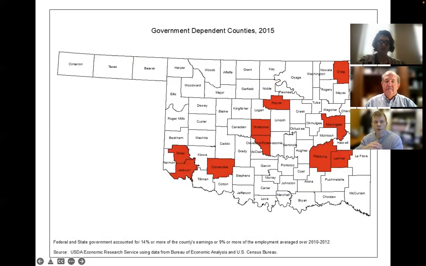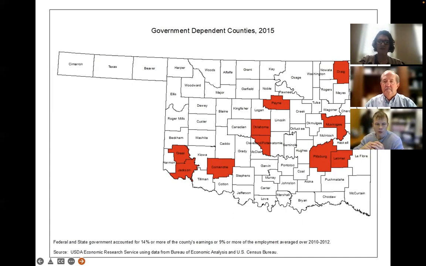Next slide. And here are our government dependent counties. You see a lot of smaller rural counties, along with others like Payne and Comanche, where the government employer in that county is a dominant force. Here in Payne County, where I'm sitting, that includes OSU. We are a large employer and classified as a government employer there.